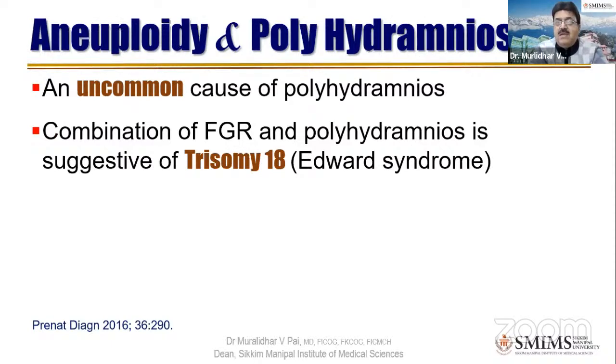But here, the cause of FGR is intrinsic, that is within the baby. For example, an aneuploidy, trisomy 18. In these situations, you will get a peculiar combination of FGR with polyhydramnios. So we have to come out of the frame of mind that FGR always means oligohydramnios. No. The combination of FGR and polyhydramnios straight away points towards trisomy 18, that is Edwards syndrome.